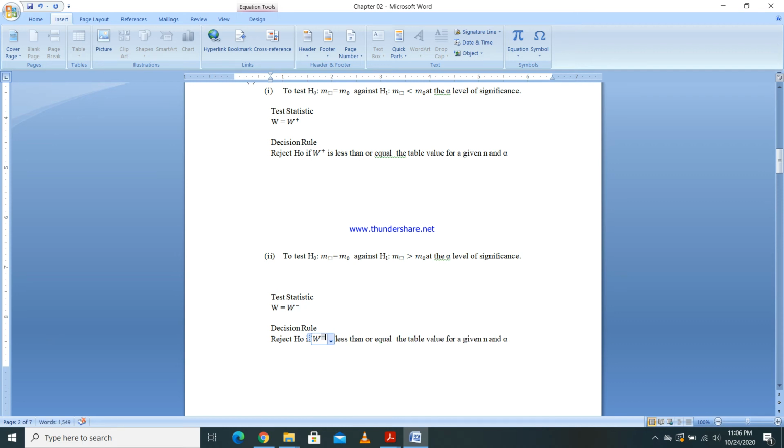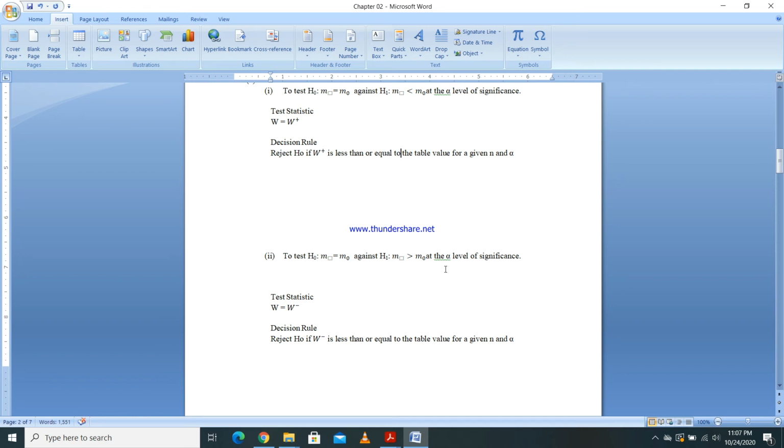Right, so in this case also we are going to reject our H naught at significance level alpha if the observed value of our test statistic, in this case W minus, is less than or equal to the table value, same as before.